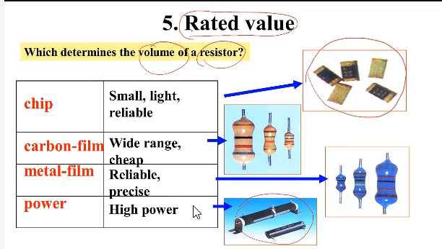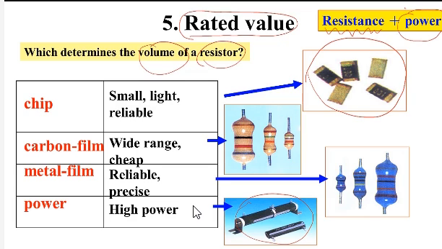When you choose a resistor later, you should know two points. One is the value of the resistor, which needs to meet the electrical requirement. The other is very important, that is how much power the resistor absorbs. The absorbed power is very small for the chip resistor, but the power resistor is used in high power applications obviously. Because of different power applications, there are different cooling needs. So the volumes of the different resistors are different. Okay, that's the end of this lecture.